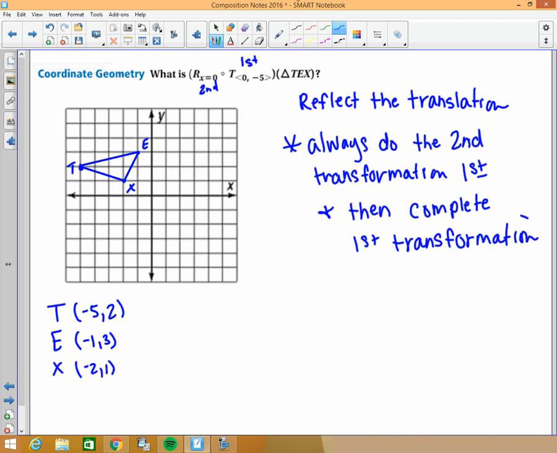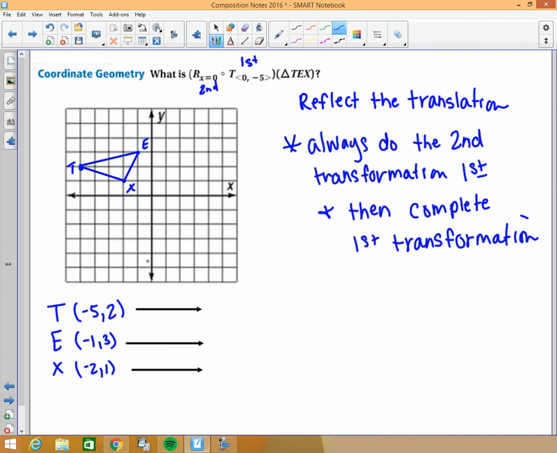And as you work through these compositions, one thing that you'll notice is that in some of the compositions, we could actually do it in either order and get the same thing, which we just get lucky because the reality is for most of them, that's not going to happen. We're actually going to have to do it in the reverse order, second, first, in order to get the right figure.